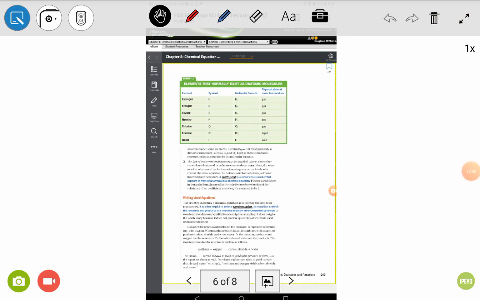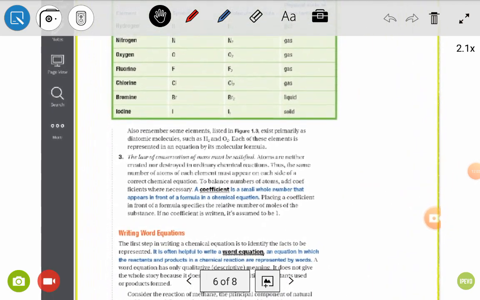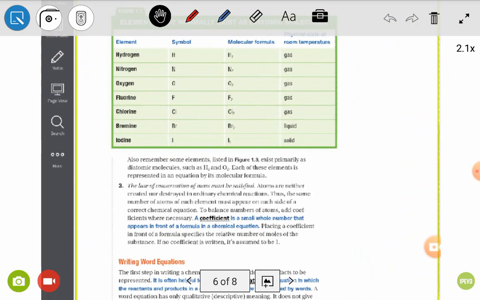As you can see here, some elements are given in the form of a molecular formula, and the table shows the elements that normally exist as diatomic molecules, something like hydrogen, nitrogen, oxygen, and the molecular forms in which they exist: H2, N2, O2. You will find that the elements exist in a diatomic form.